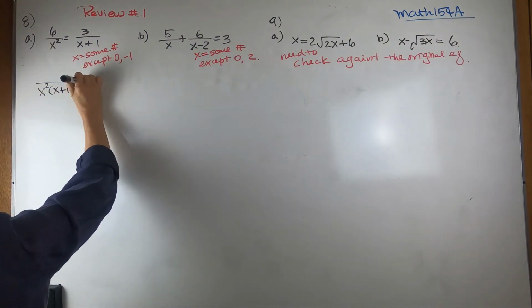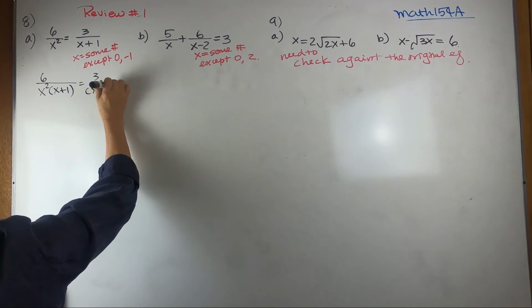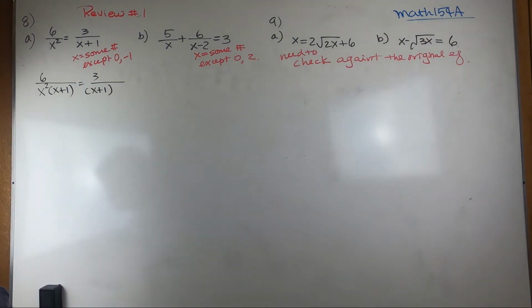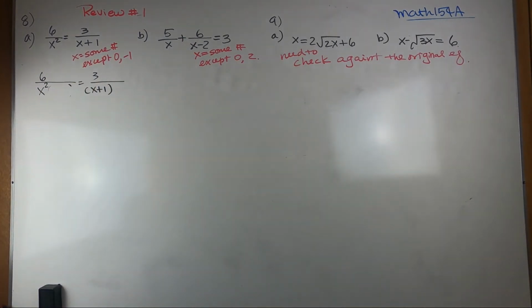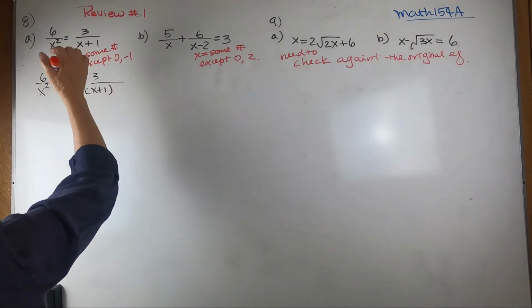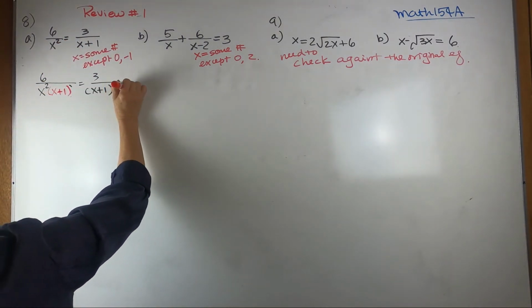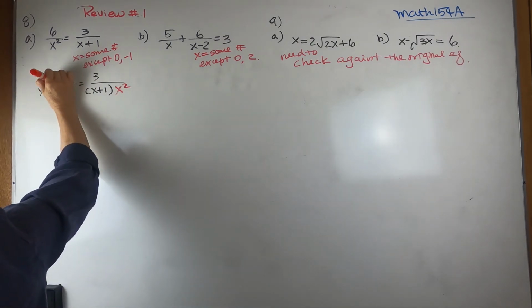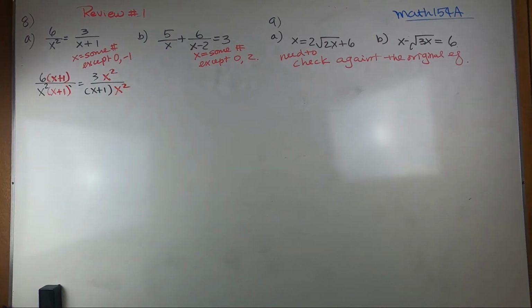That will be x plus 1, right? Let me just write the original. Then I want to make an LCD. That means x squared times x plus 1. So then you need x squared here, you need x plus 1 here, you need extra x squared there.